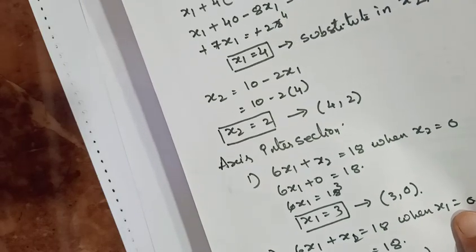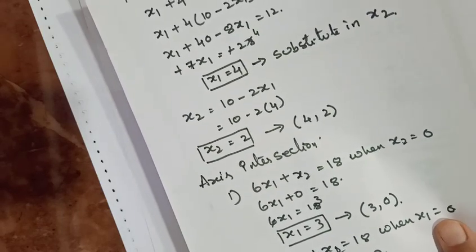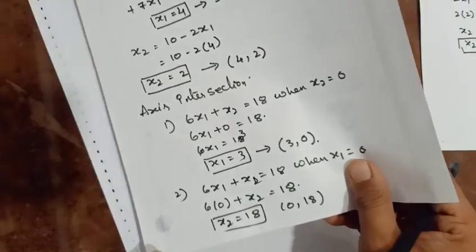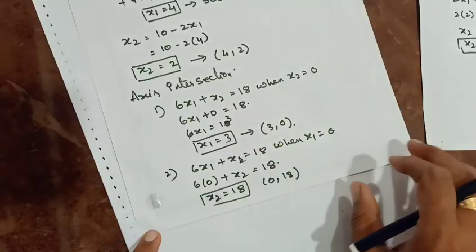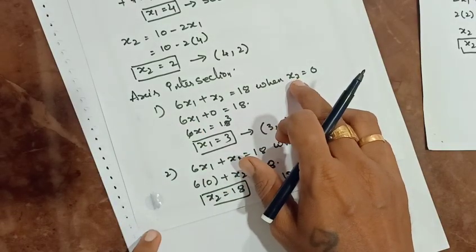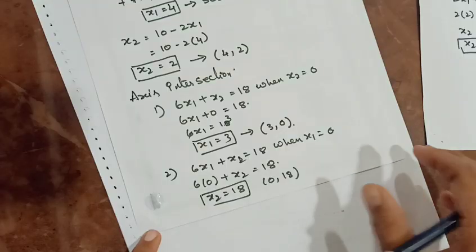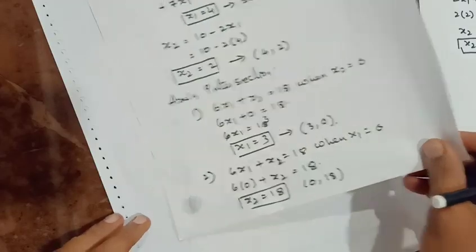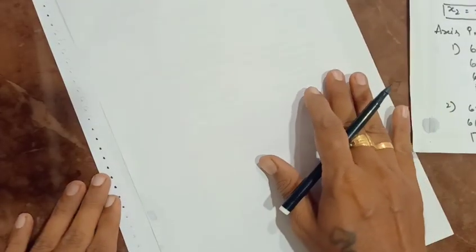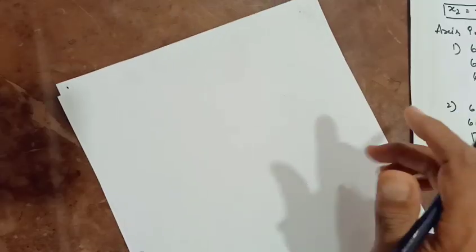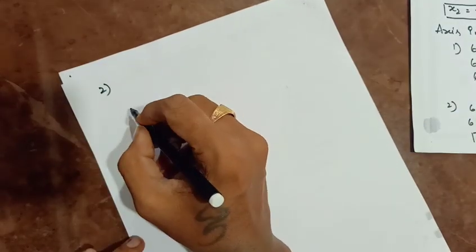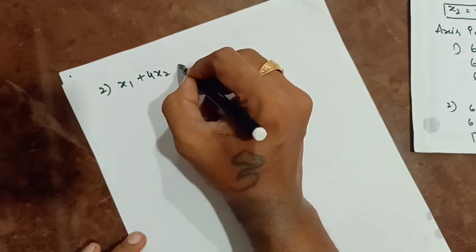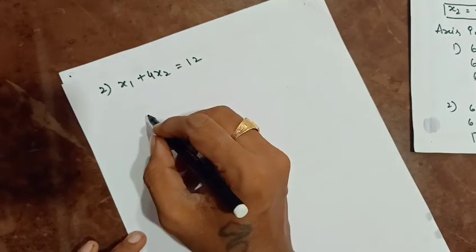So the first constraint we have done by taking x1 and x2 as zeros. The second constraint we have is x1 plus 4x2 equals 12.